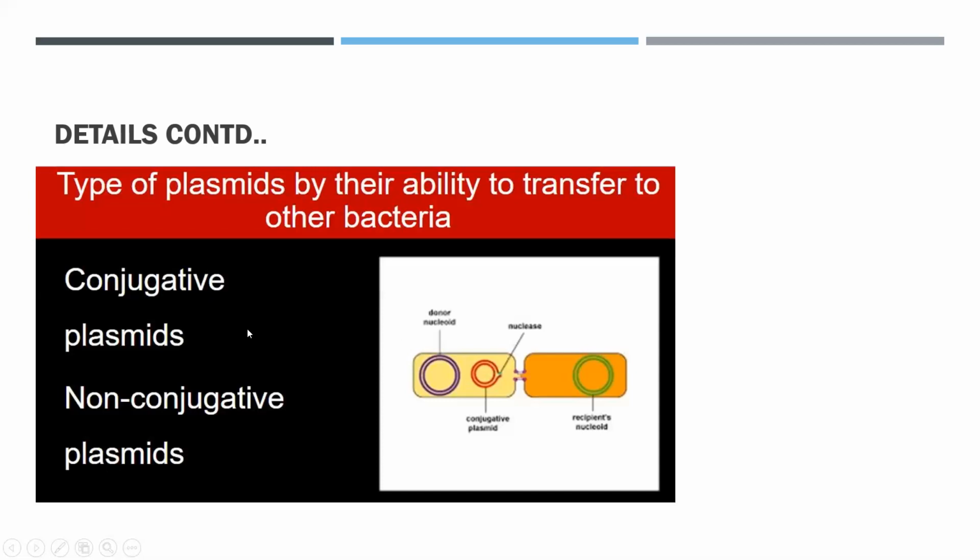Conjugative plasmid genes transfer into the recipient cell. Non-conjugative plasmids do not transfer their genes.